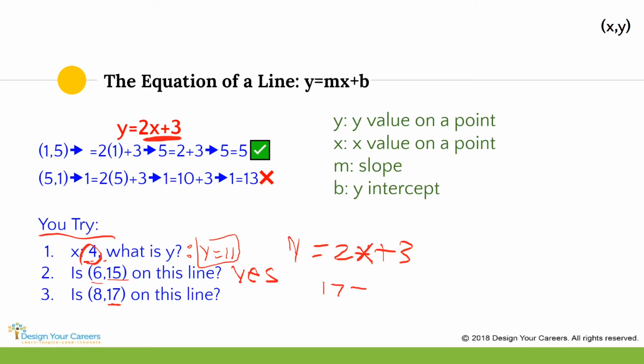So 17 should be equal to 2 times 8 plus 3. Again, 17 should be equal to 16 plus 3. 17 should be equal to 19, but that is not true, is it? So no, 8, 17 is not on the line.